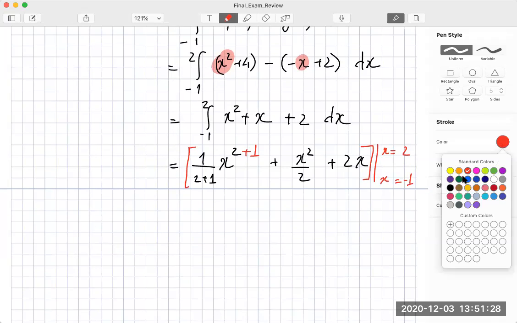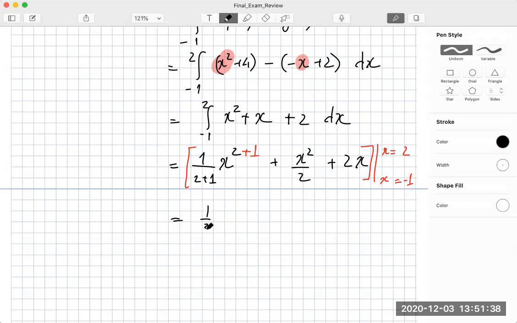Is it clear up to this point? Yes. Let us simplify it. This is 1/3 x cubed plus x squared over 2, plus 2x, when x goes from -1 to 2.